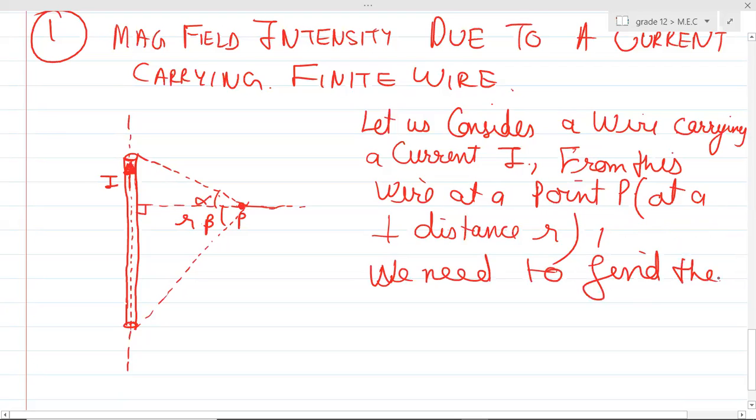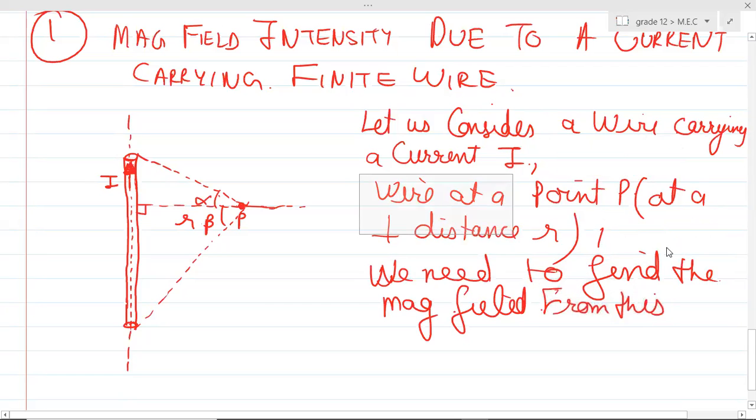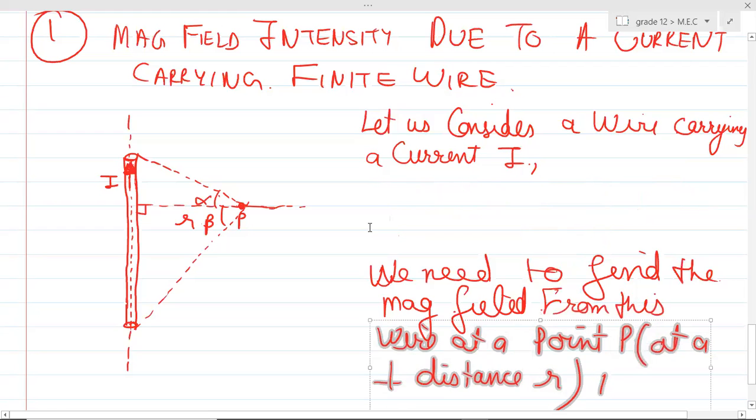We need to find the magnetic field from this wire at a perpendicular distance r.